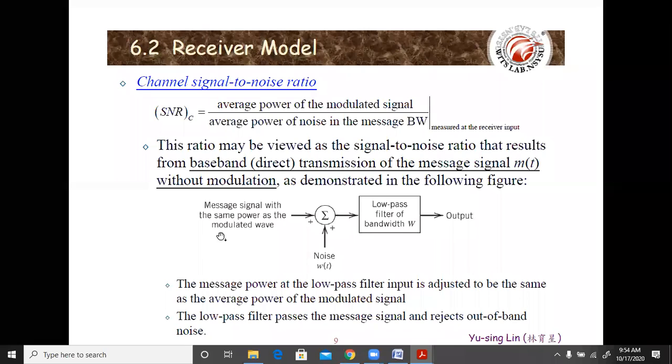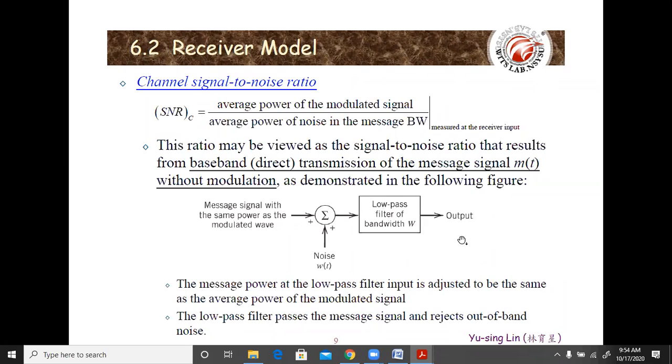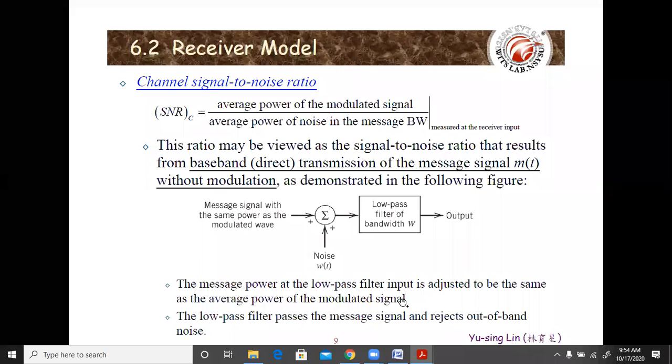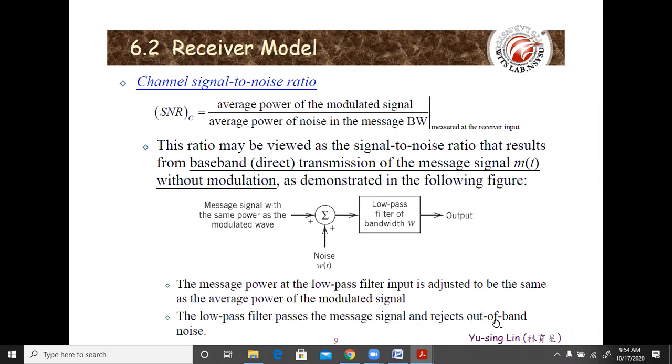You have the message signal with the same power as the modulated wave and the noise WT, and you pass it through a low pass filter of bandwidth W, and you get the SNRC value. The message power at the low pass filter input is adjusted to be the same as the average power of the modulated signal. The low pass filter passes the message signal and rejects out of band noise.